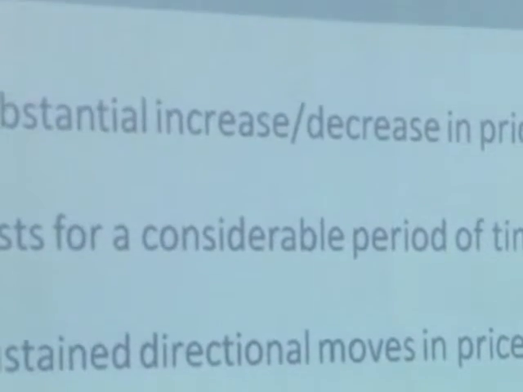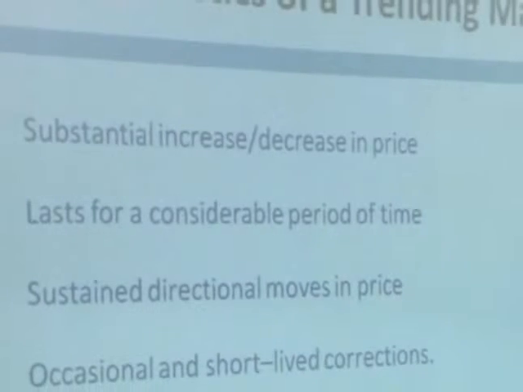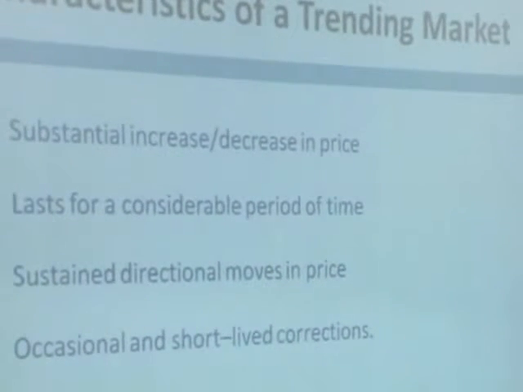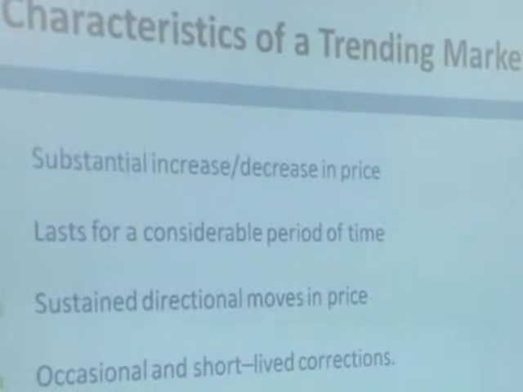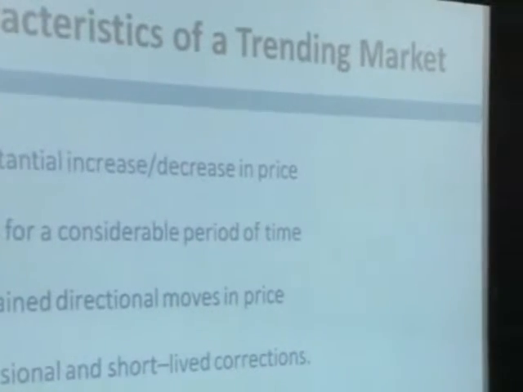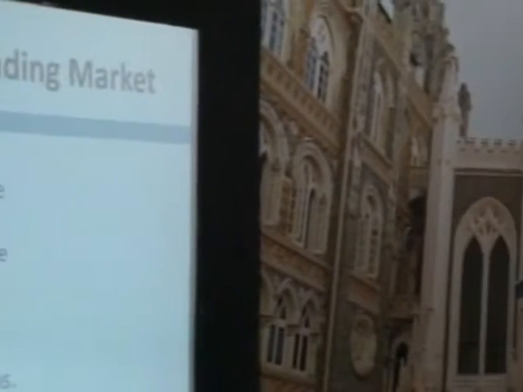What is a trend? A trending market is a substantial increase or decrease in one direction, lasts for a considerable period of time, and has sustained directional moves in price and occasional and short-lived corrections. Means it's a trend, it will go in one direction consistently with short-lived corrections. So we want to be a part of that trend.